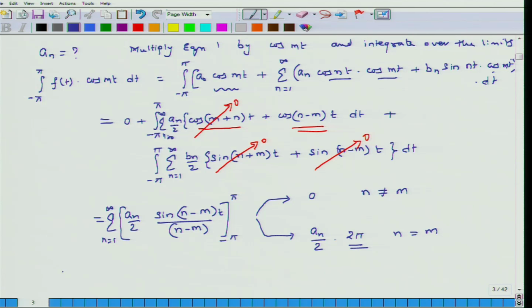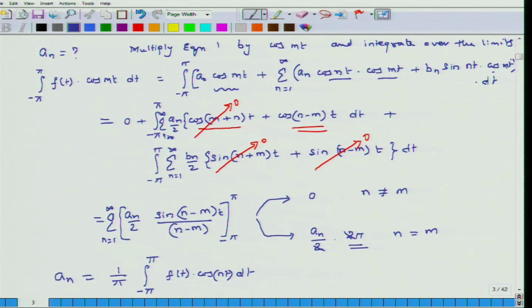So my an is equal to, this 2 goes away, 1 over pi, the integral from minus pi to pi of f(t) cosine of nt dt. That's the value of an.